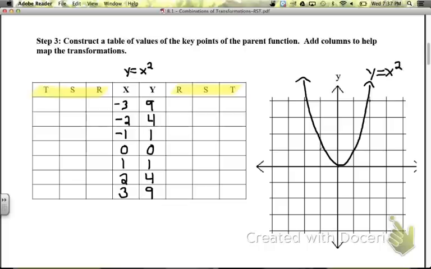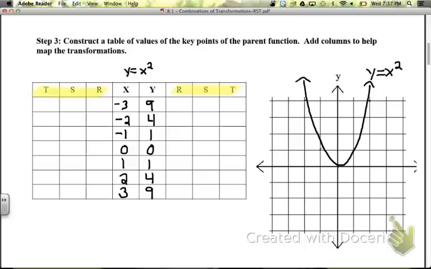Now what we're going to do next is actually perform our RST. Again, R stands for reflections, S stands for stretches, and T stands for translations. In our function here, our first thing that we had stated was that we have a horizontal reflection.